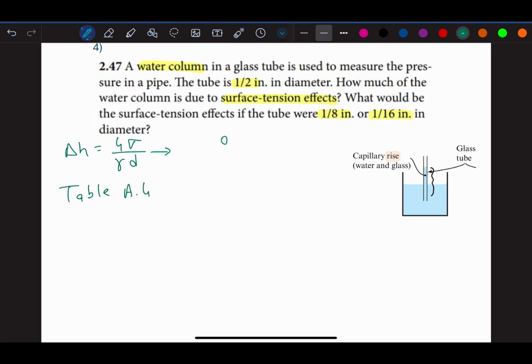It is 0.005 lbf over feet. So here we have 4 times 0.005, and below we have the specific weight of water, which is 62.4 lbf over cubic feet, times the diameter, which is in feet.